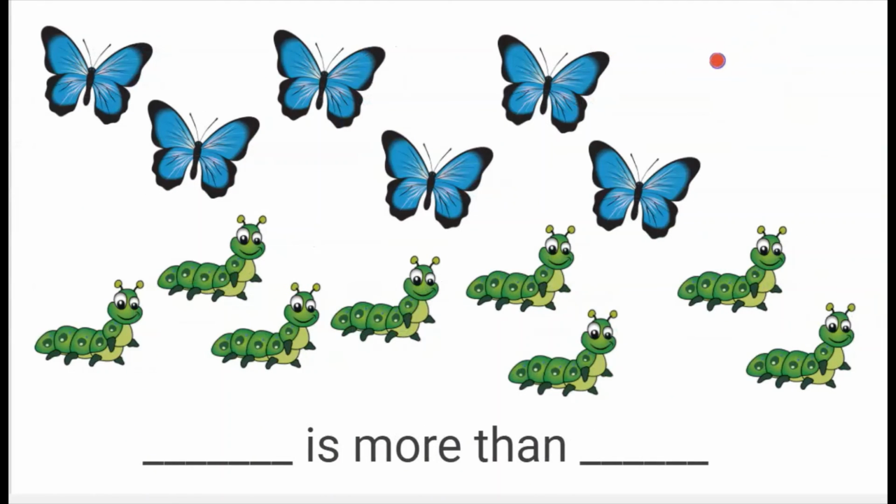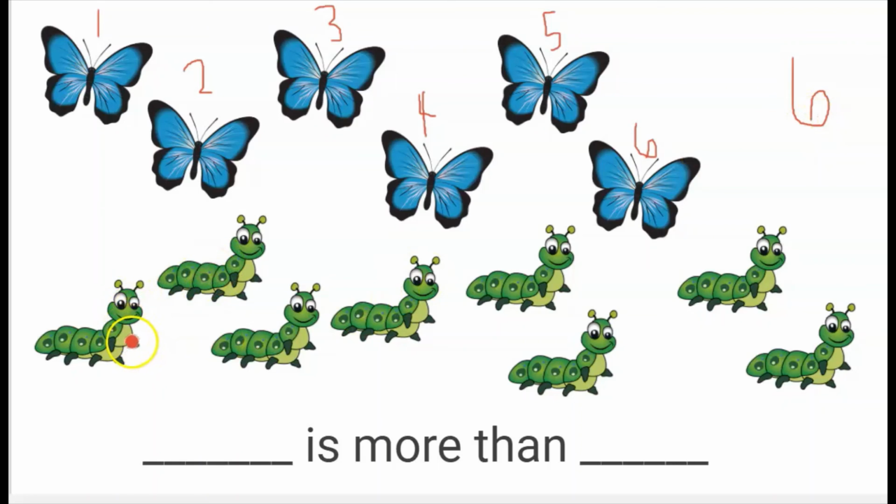Let's try this one. Your teacher's going to pause the video and you are going to count the butterflies, count the caterpillars, and decide which number is more. Let's count the butterflies. 1, 2, 3, 4, 5, 6 butterflies.